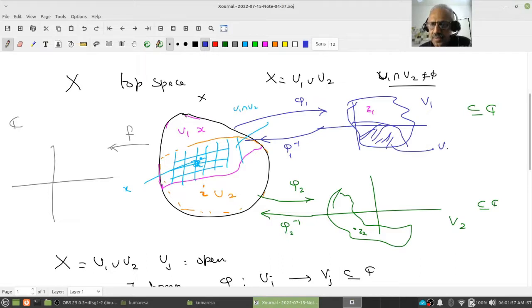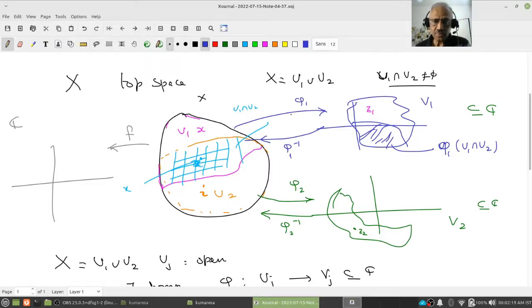This is an open set in capital X because u1 and u2 are open. And u1 intersection u2 is open in u1 as well as in X, because u1 is open in X, therefore u1 intersection u2 is open in X also.